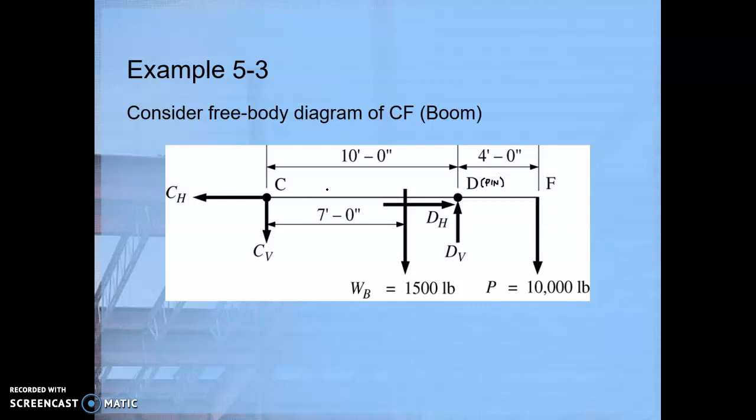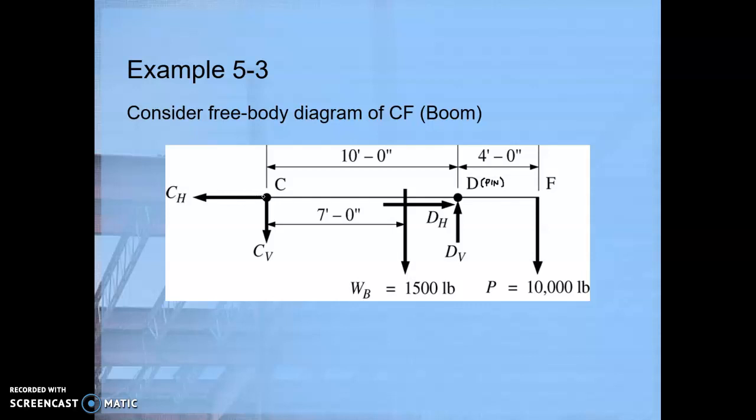The whole thing is going to flip up unless there's a reaction force over here at CV pulling it back down. So that's, I think, the reason why we can kind of assume that that force is going down. And because the horizontal force here at D was pushing the whole thing to the right, something has to react against that.